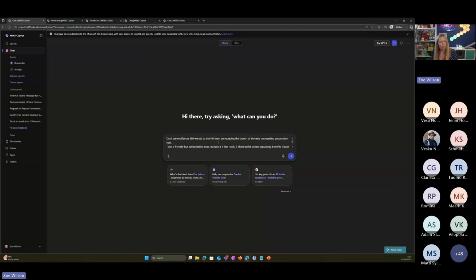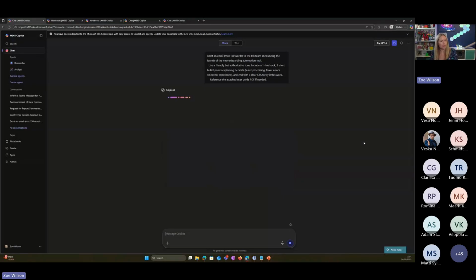And then I'm giving it more guidance in terms of the expectations. I'm asking it to use a specific tone. I am asking it to include a one-line hook, 3 short bullet points, and to end with a clear call to action. And then I'm asking it to reference an attached user guide as well. So you'll just have to imagine that there is an attached user guide because that's not in this tenant.